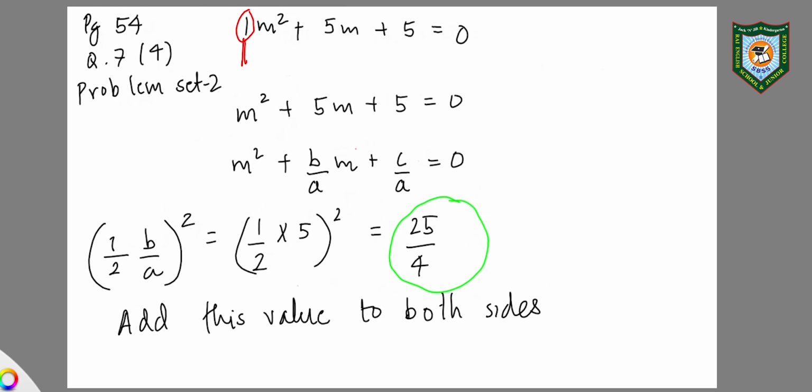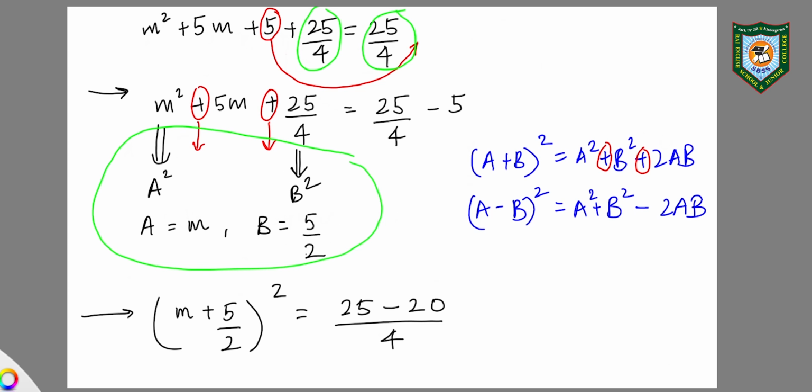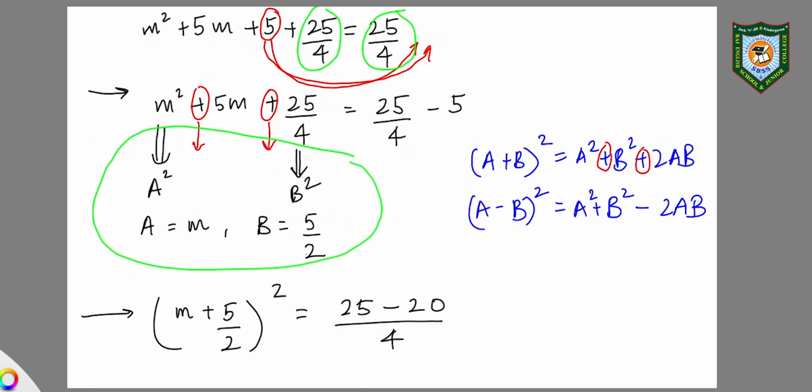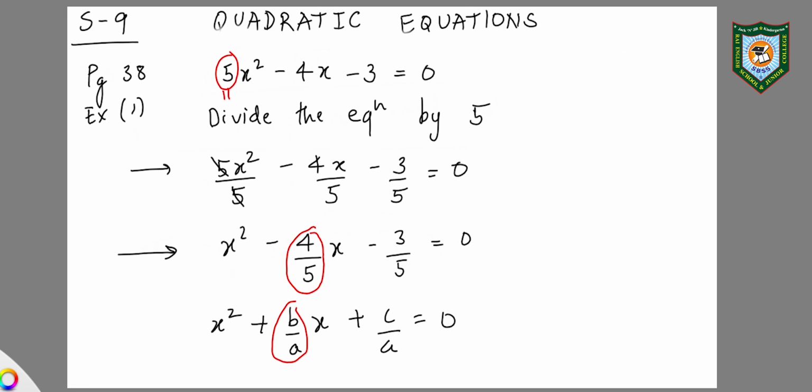So in 6f, this is my original equation. So now as the steps go on and as I add (b by 2a) whole square, my 5 value moves to the right hand side. As we can see in our original equation, 5 was my constant, so I need to move 5 to the right hand side.